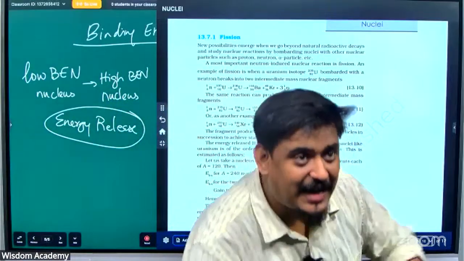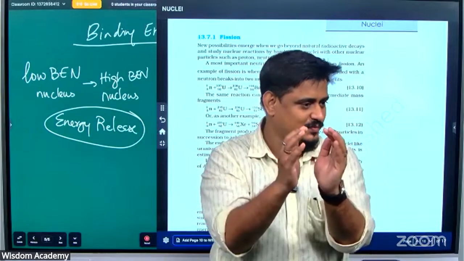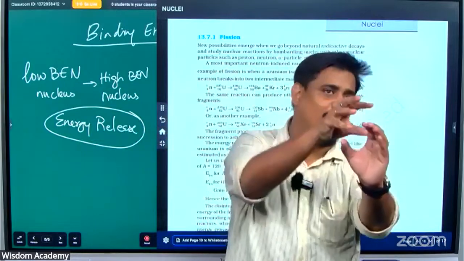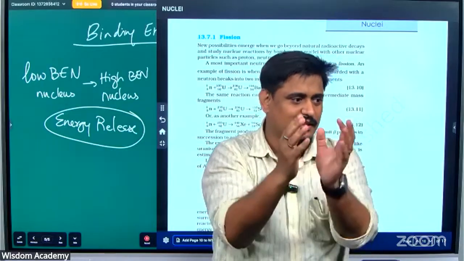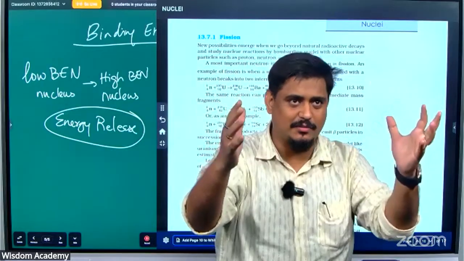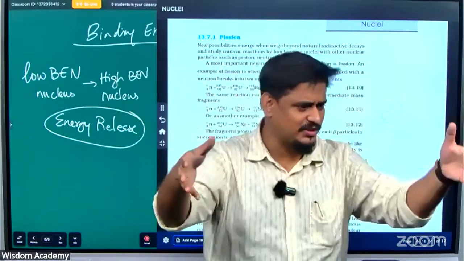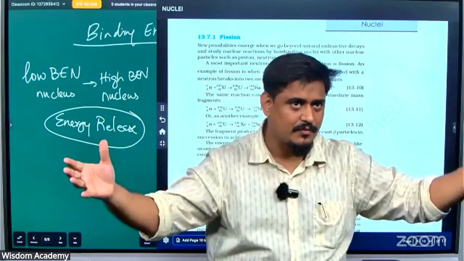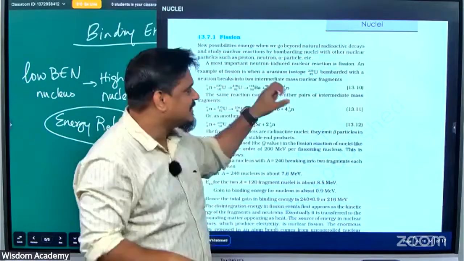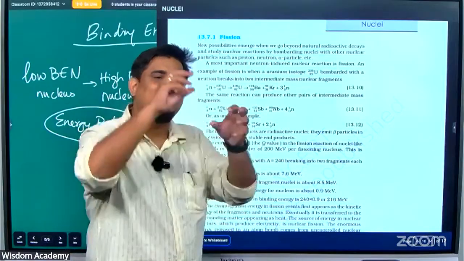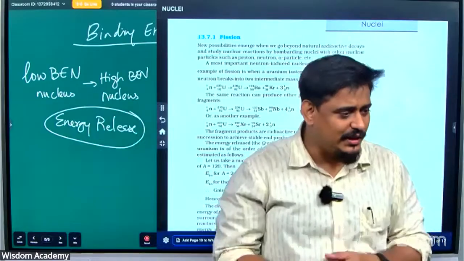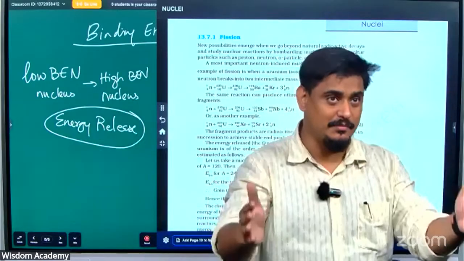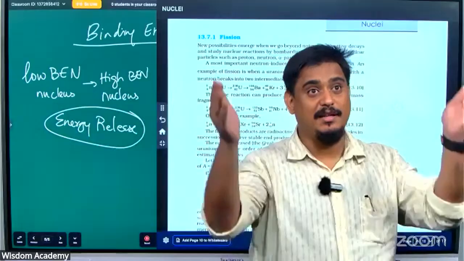Now, I had a nucleus. I bombarded one neutron. The neutron made the nucleus unstable because of increasing the distance between all the nucleons and making it more unstable. It broke. But after breaking, it released 3 neutrons, right? These 3 neutrons will once again go and hit other uranium. You don't think that if you have 1 million uranium atoms, I need 1 million neutrons.